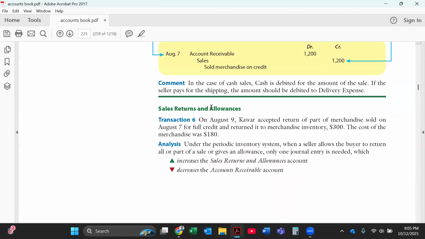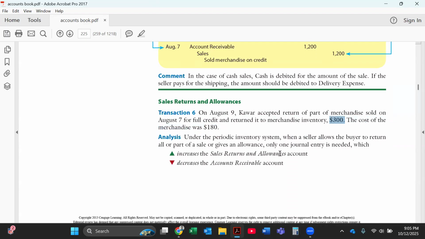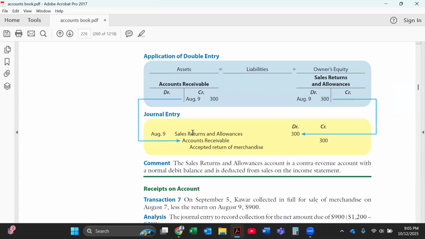Then we'll see with the same example of the return of merchandise. Again, I'm not concerned about the cost. That doesn't matter underneath the periodic method, so I ignore it. But the larger number, the 300, I cannot ignore. And so when I come down to it, sales returns and allowances is debited for 300. Accounts receivable is credited for 300.